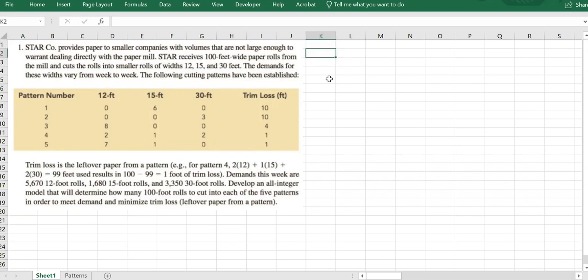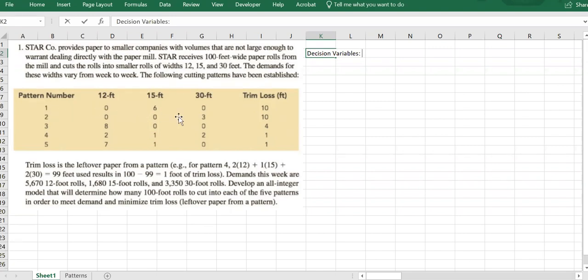So here's the decision. I'm just going to write down the formulation and then we go ahead and solve it. Decisions that we have to make, or decision variables, are going to be the number of 100 feet wide rolls that are going to be cut using each pattern, using pattern 1. So that's going to be x1, decision variable 1, the number of original large rolls that are going to be cut using pattern 1.